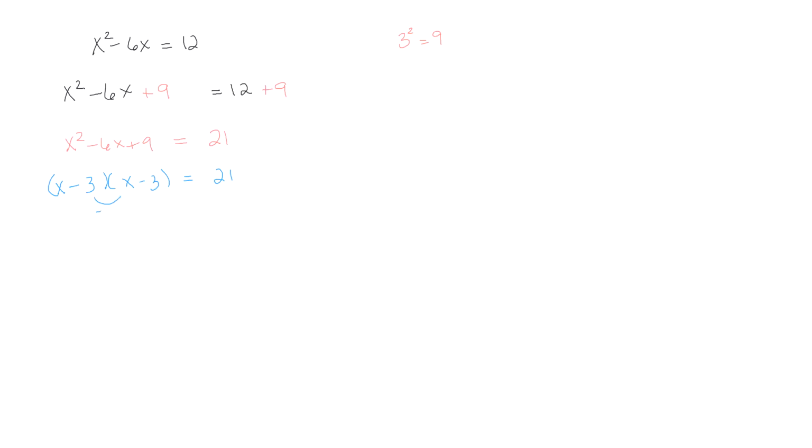Minus 3x and minus 3x, which gives me the minus 6x in the middle. So I have x minus 3 squared equals 21. Now I can take the square root of both sides.